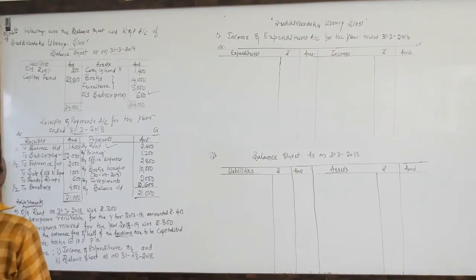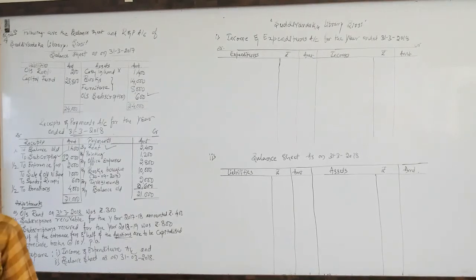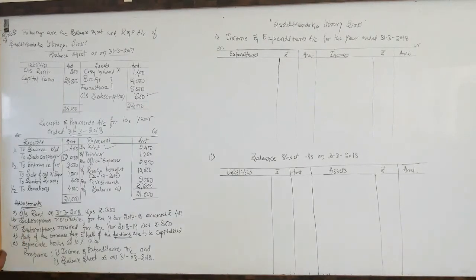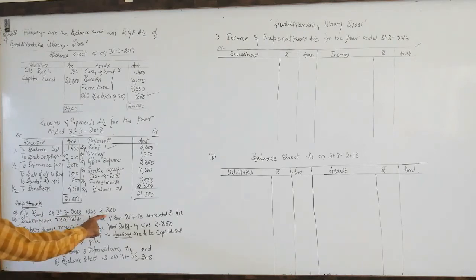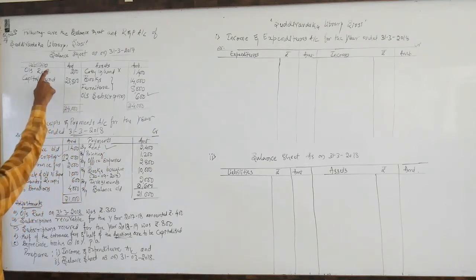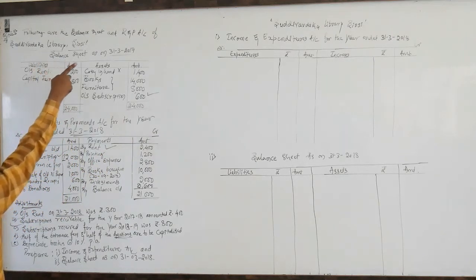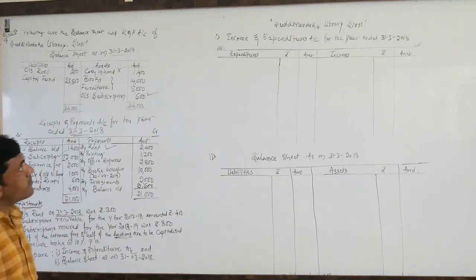I have already discussed the entire problem with the adjustments. Look here, you can start from the beginning with the adjustments, or you can start from here, whatever it may be. The first adjustment: outstanding rent, current year 300. Here on the payment side is rent, and here is outstanding rent from last year's balance sheet. Rent is an expenditure, so you need to write it on the expenditure side.